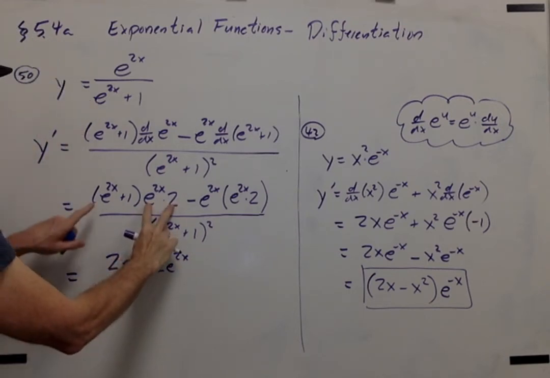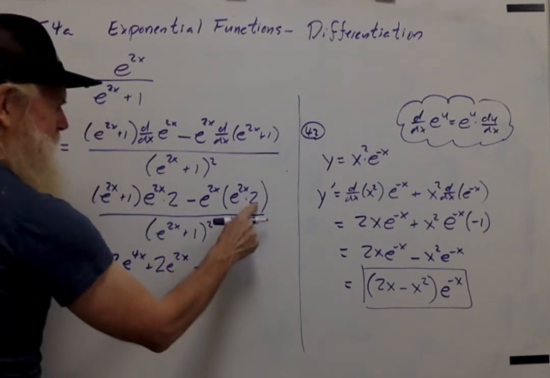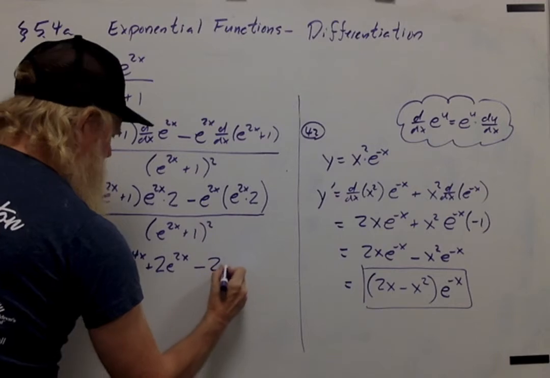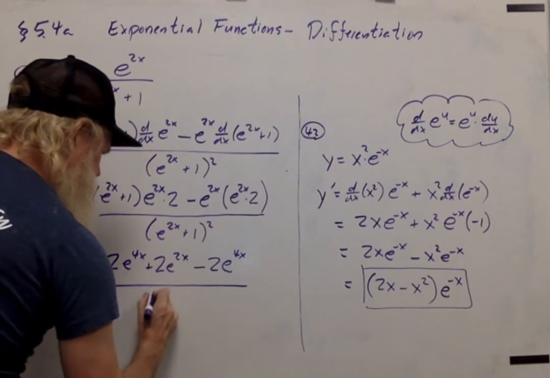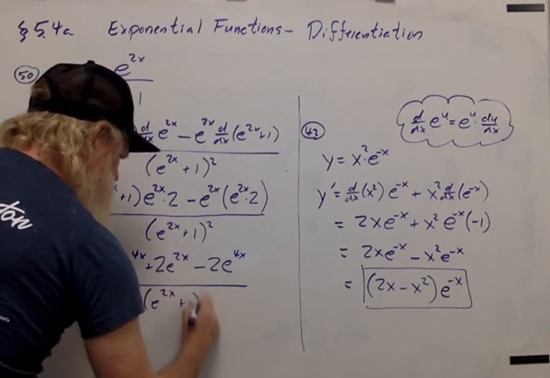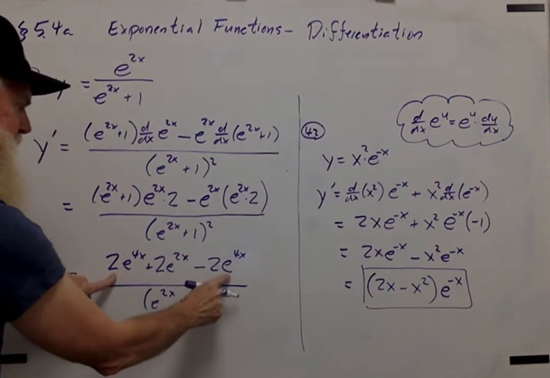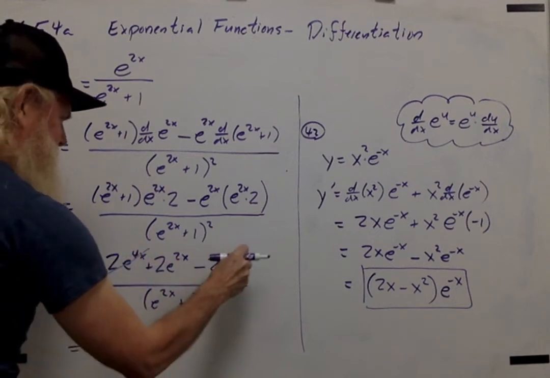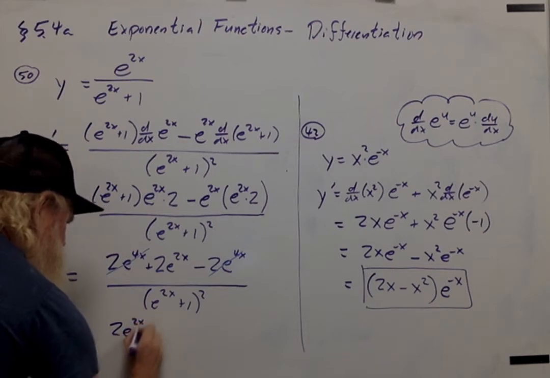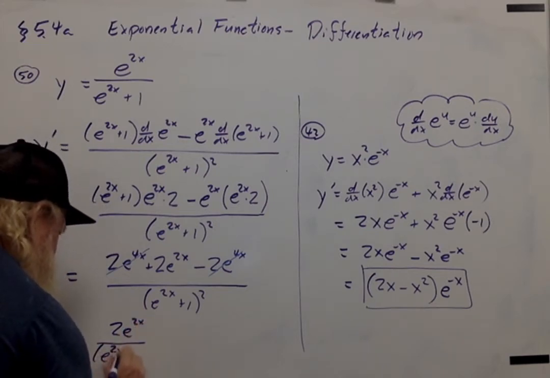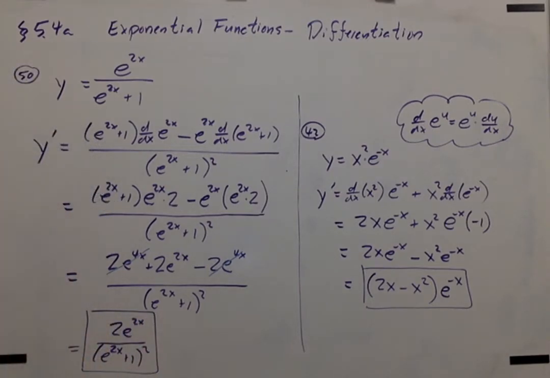So I multiplied e to the 2x times 2 times first the e to the 2x and then by the 1, minus I have 2 e to the 2x plus 2x is 4x. And then finally, the 2e to the 4x and the negative 2e to the 4x cancel. And I end up with 2e to the 2x over e to the 2x plus 1 squared. And that's my derivative.